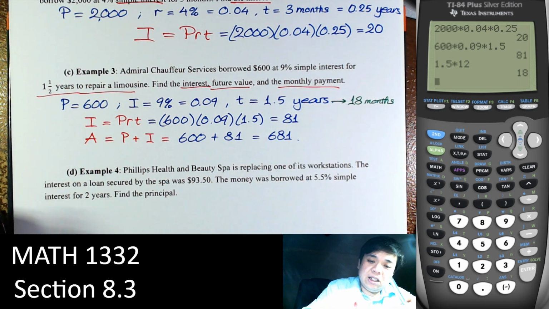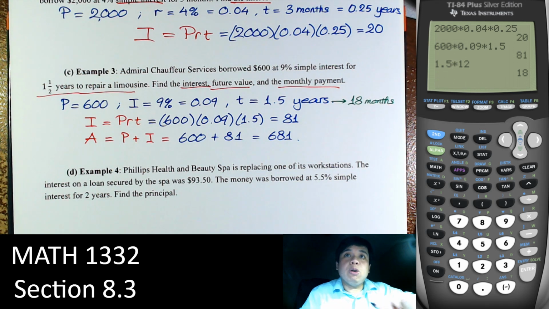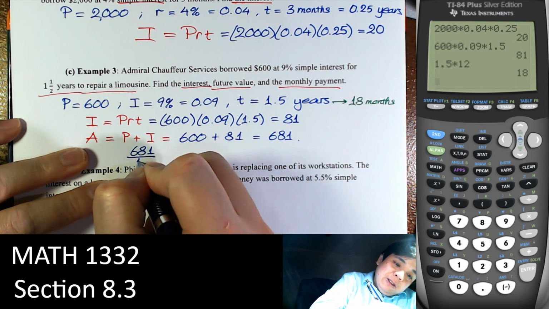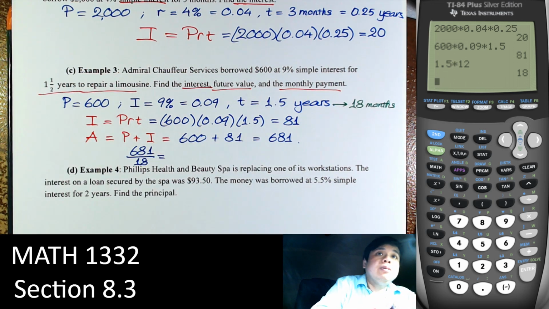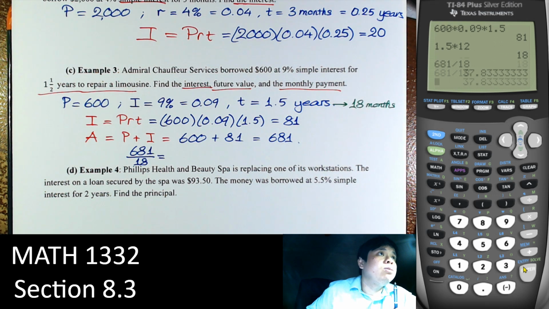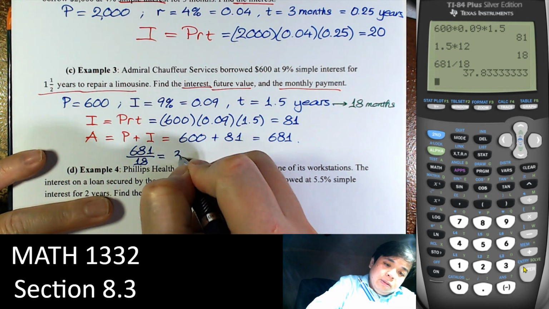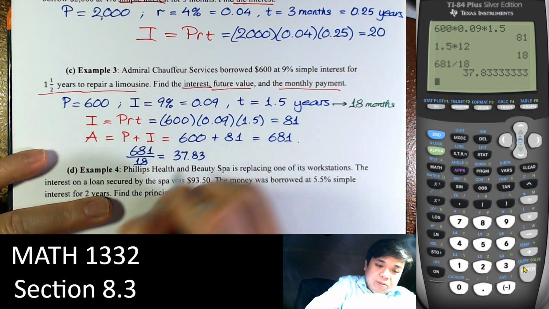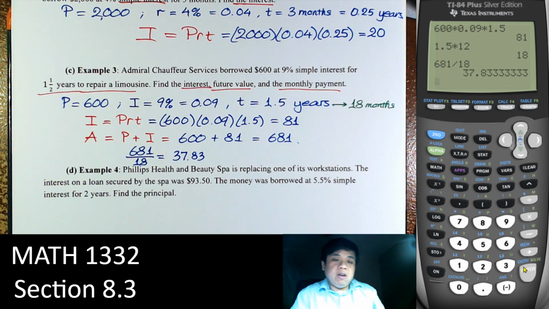And that's $681 total divided by 18 months, $37.83. So that is the monthly payment.